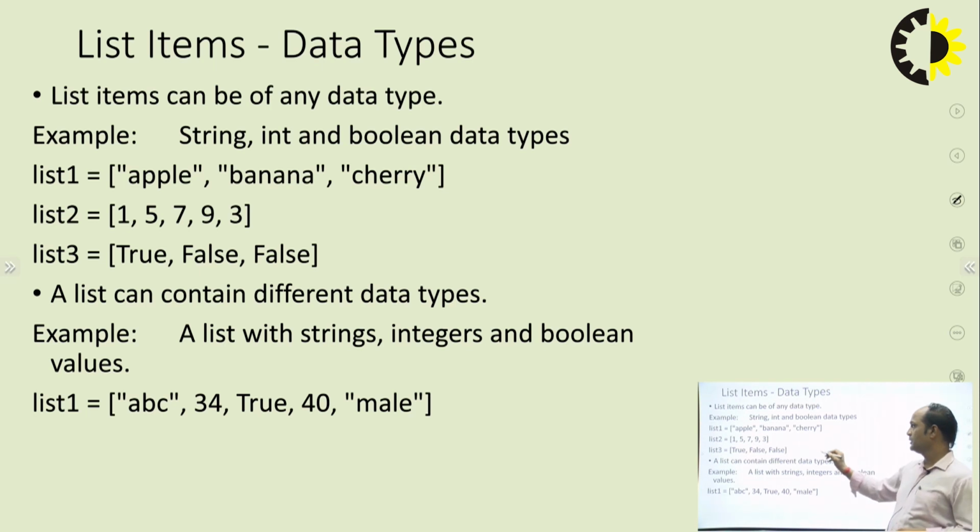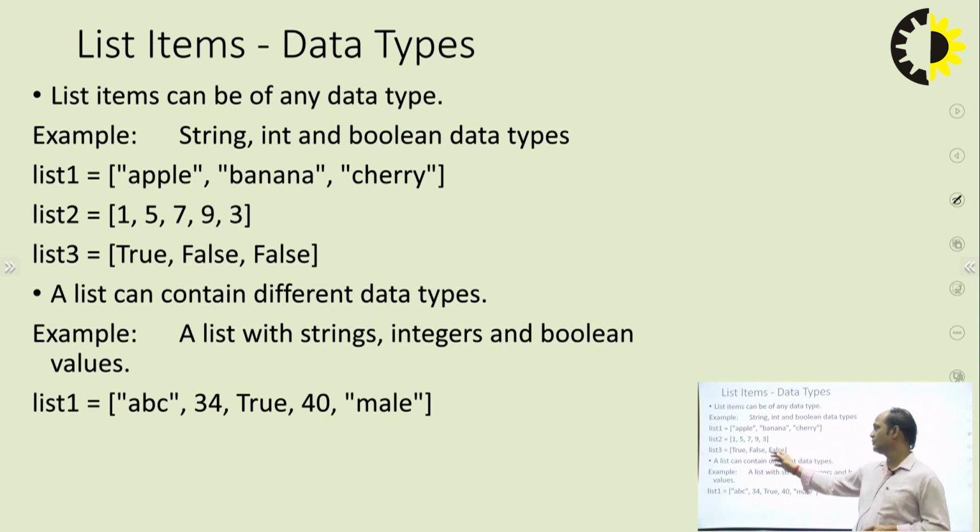We can use these data types in a particular list. Suppose list 1 contains strings, list 2 contains integer values, list 3 contains boolean values. So a list can contain different data types.